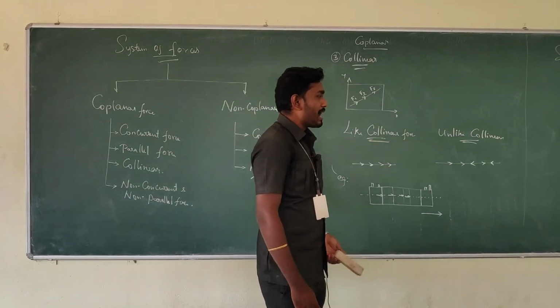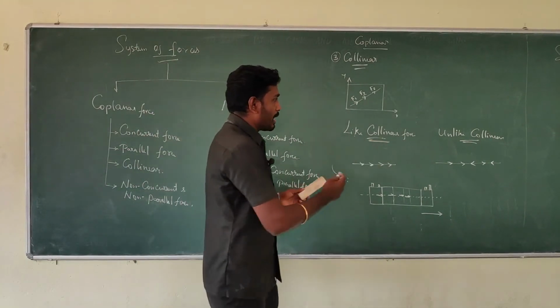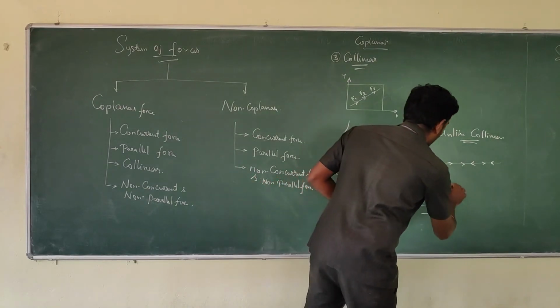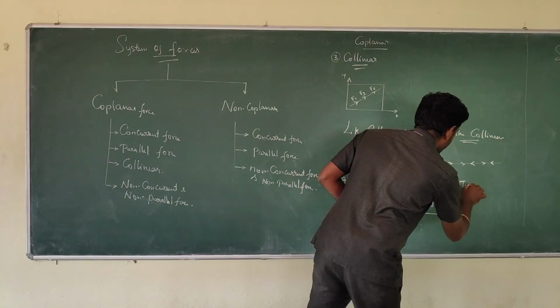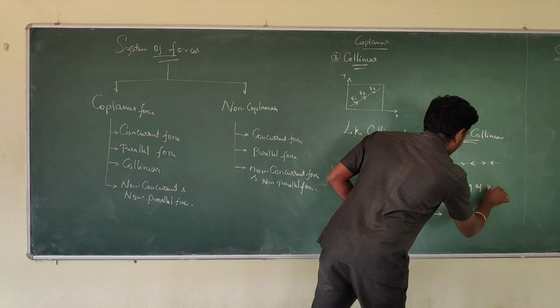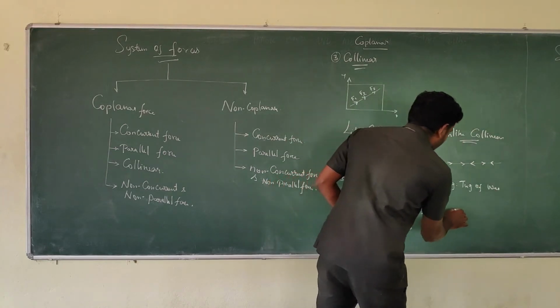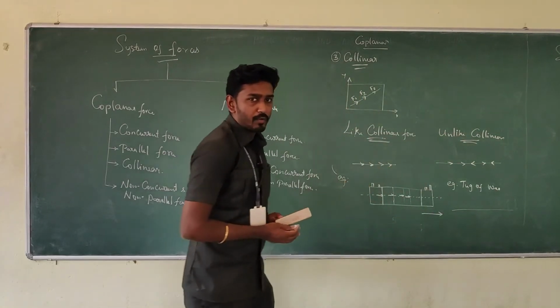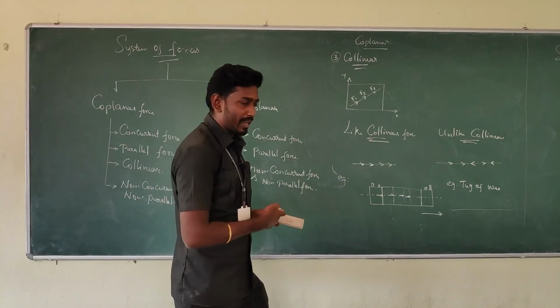And when we come to unlike collinear force, the best example I can give is tug of war. See, in tug of war, a set of people will be pulling the rope, am I right?